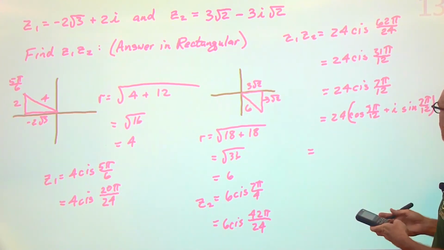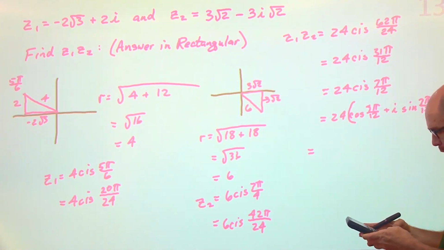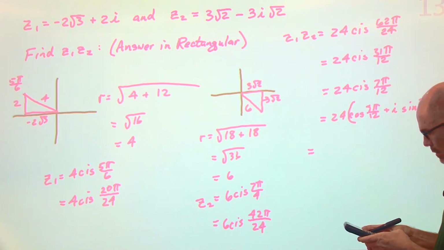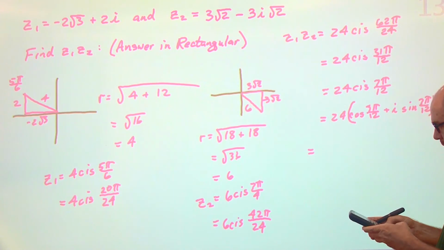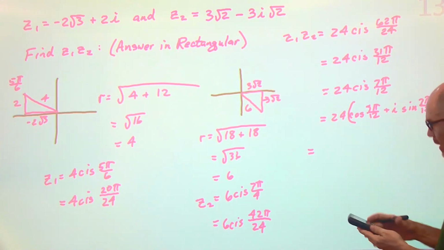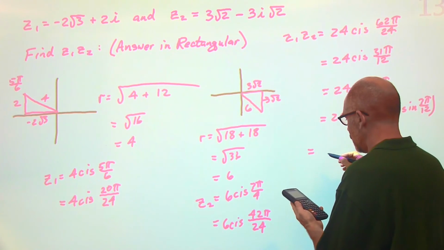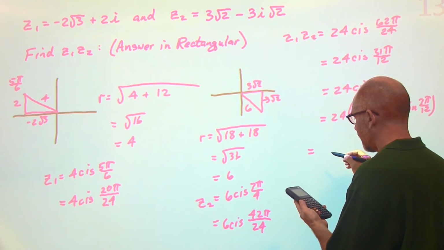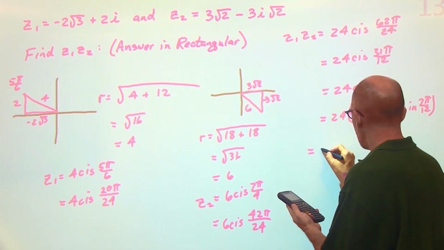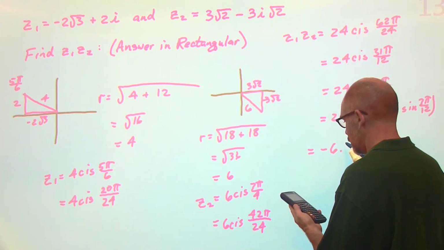So I just go 7 pi over 12, take the cosine of that and multiply that by 24, and enter, and I've got negative 6.211657. Okay, so negative 6.21.